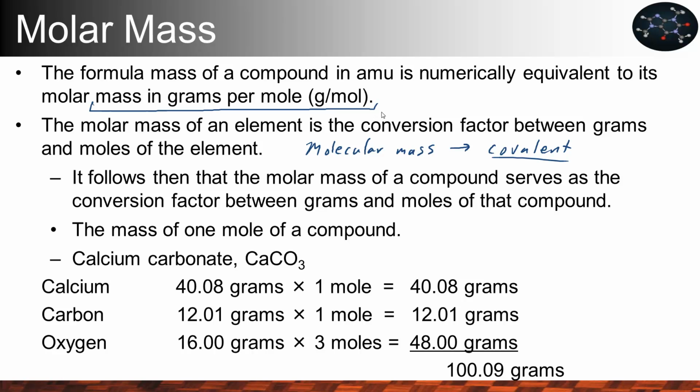And formula mass is what you use to represent ionic compounds. In a practical sense, they're both used in exactly the same way. They're just slightly defined differently, but they're calculated identically, they're used identically.